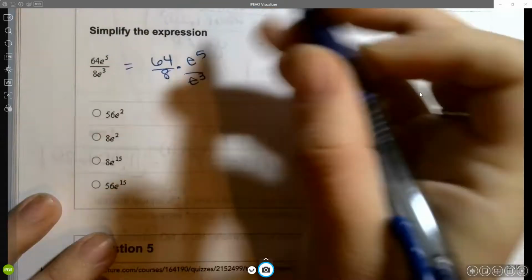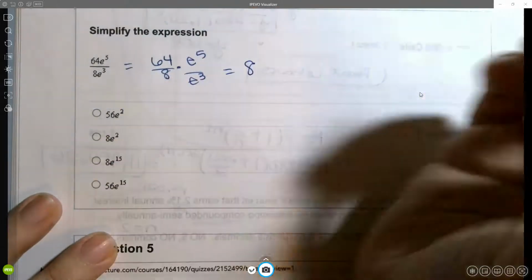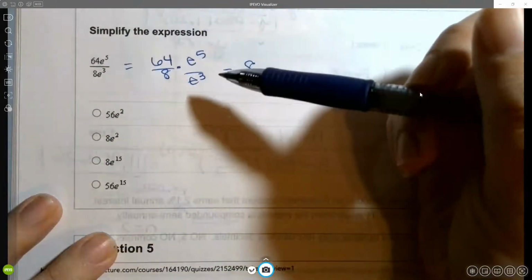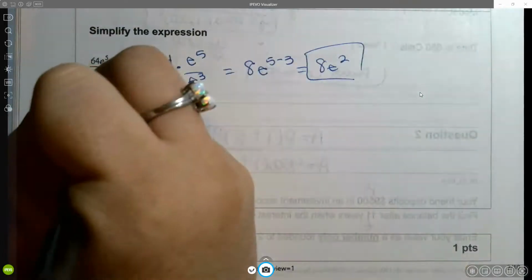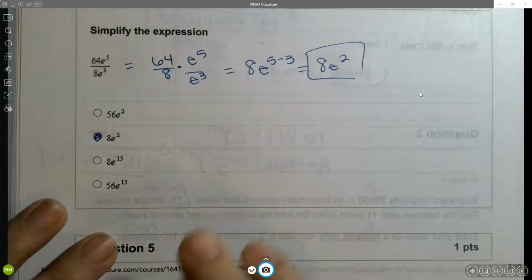Number 4 wants me to simplify my expression, so I can go ahead and rewrite this as 64 over 8 and e to the 5th over e cubed. 64 divided by 8 will give me 8. With my fraction with the base e, I subtract my exponents. So I'm going to really have e to the 5th minus the 3rd, which will just give me 2. So I have 8e squared.